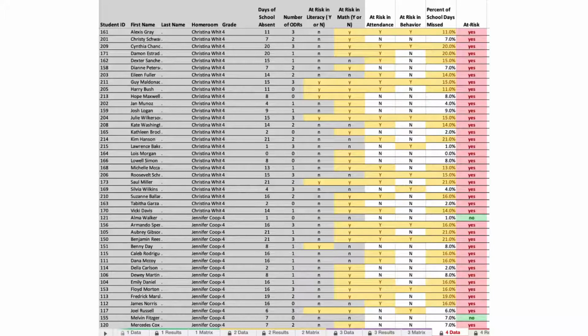In this example, the team used the risk levels associated with universal screening with DIBELS for the literacy column and the risk levels associated with the NCs for math. The risk in attendance and risk in behavior columns automatically calculate based on some hidden formulas, and then it gives an overall indicator of whether this student is meeting at least one of the risk factors you see there.